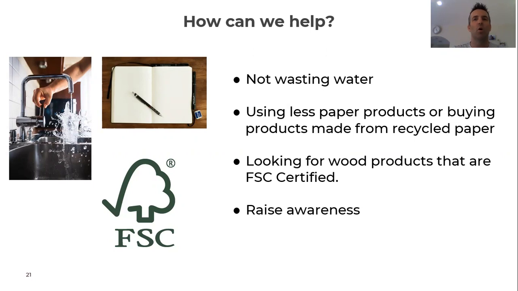That means that when trees are cut down to make those products, more trees will be planted to replace them. So you can see that on lots of different products. Some wood products, some paper products like cards or notebooks will often have this label on them. And that means that the trees that have been cut down to make it have also had new trees planted to replace them. So that's really, really important as well.